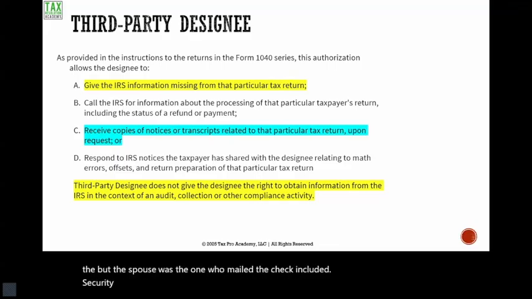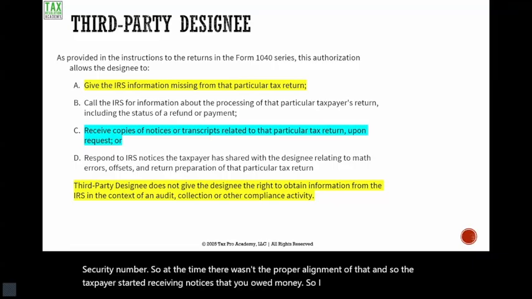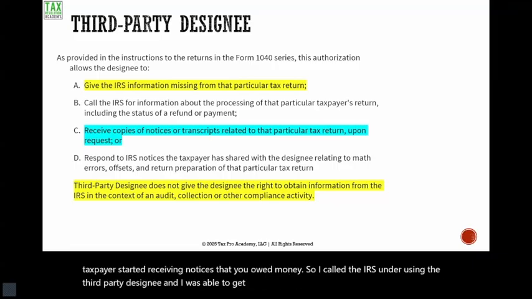At the time there wasn't the proper alignment of that, and so the taxpayer started receiving notices that you owed money. So I called the IRS using the third party designee, and I was able to get that fixed and straightened out. It was a known problem at that point in time, and I haven't seen that type of problem since.